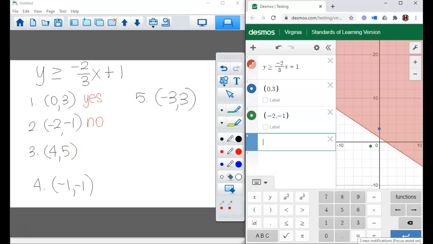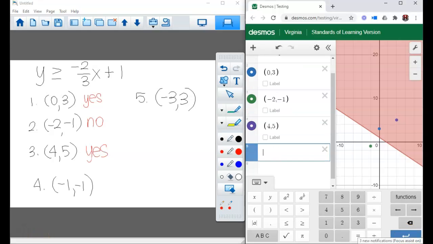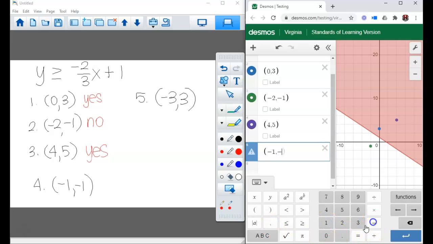All right, next up, parentheses, 4, comma, 5. We're looking for the purple dot right here. He is in that red shaded area, so he is going to be a yes. All right, parentheses, negative 1, comma, negative 1. Looking for the black dot right there.